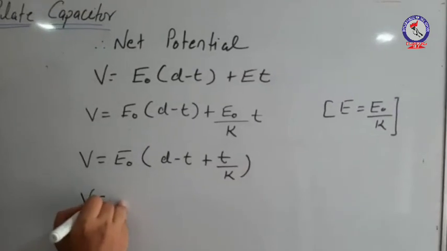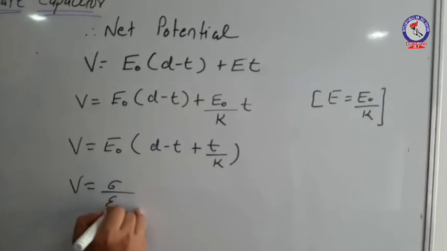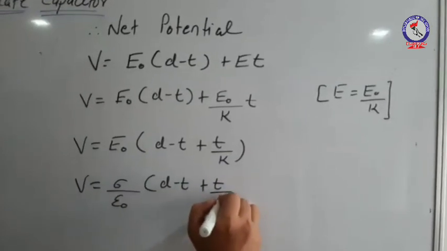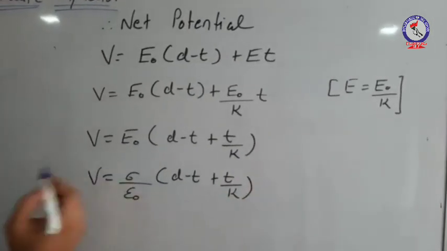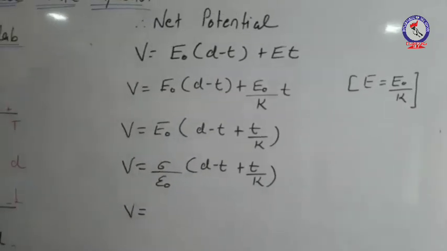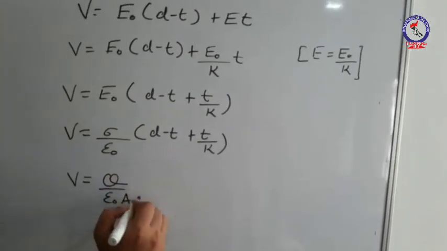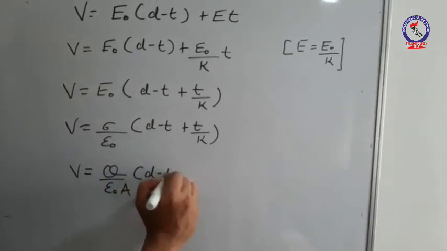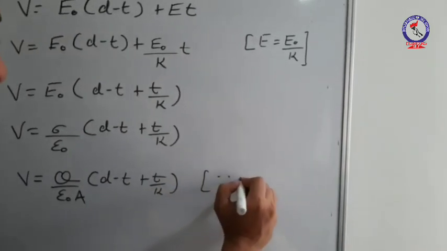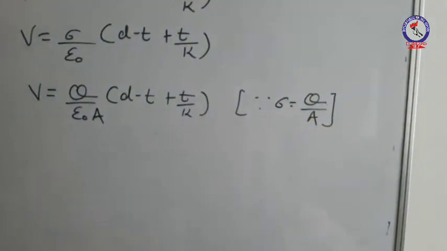Again, E0 represents the field between the plates whose magnitude is expressed as sigma upon epsilon 0, so V equals sigma upon epsilon 0 (d minus t plus t upon K), where sigma represents the charge density, that is the charge per unit area, Q by A. As I have said, sigma represents charge density, that is the charge per unit area.